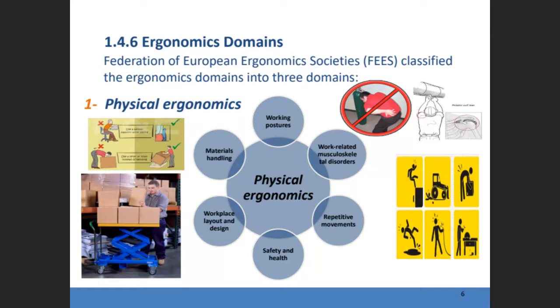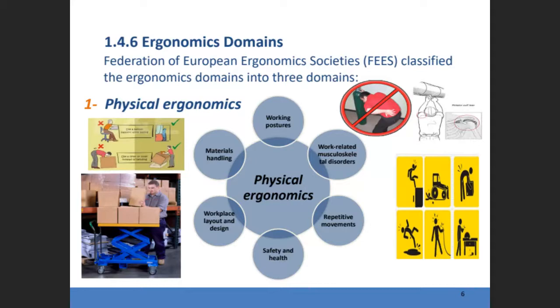So the sub-example for physical ergonomics: the working posture. إيش يعني working posture? If you see this picture here on the top left, it shows the position of an office seat or office chair, and most of you are in this position while doing your lab or studying at home.